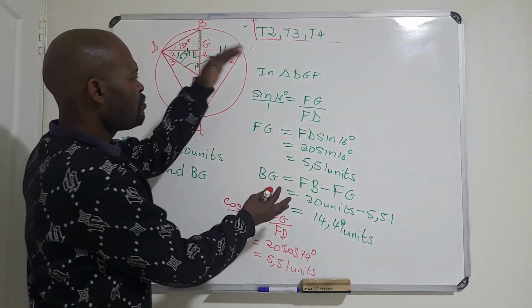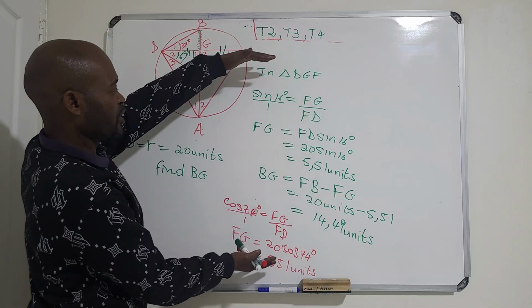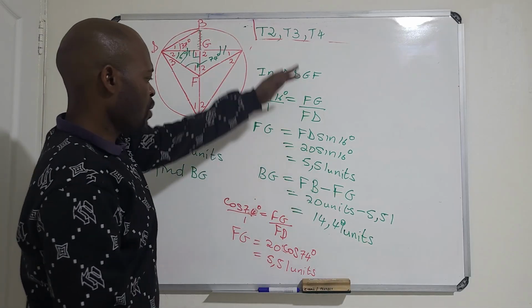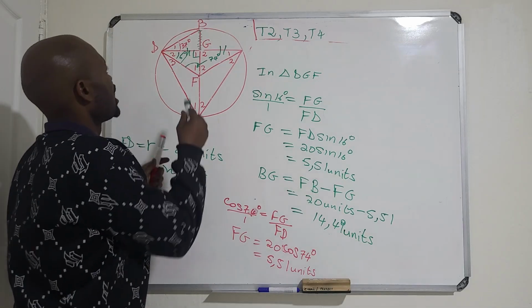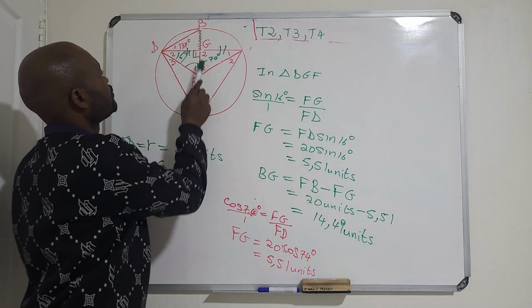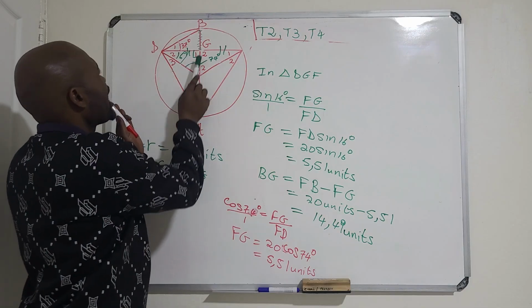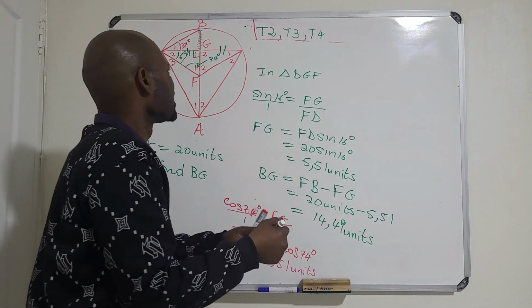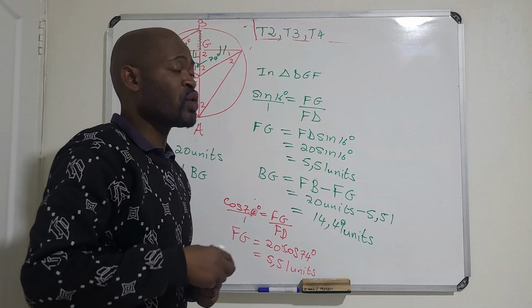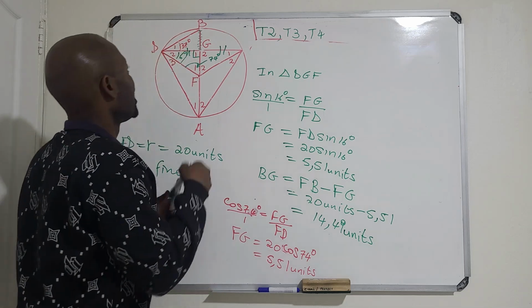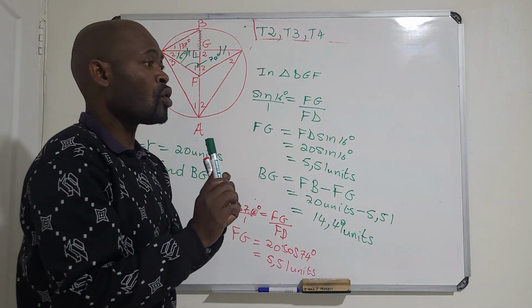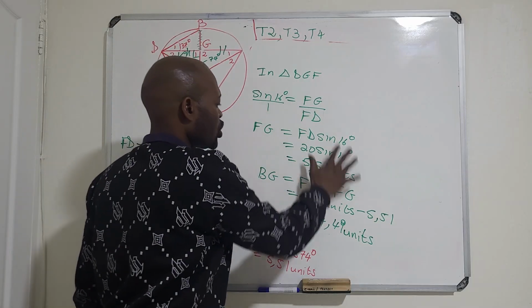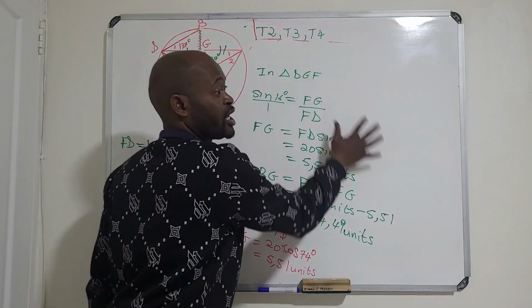Now, there are problems where our trigonometry is not going to work. But here it works perfectly because our triangle DFG is a right-angled triangle. I'm going to show you an example next time where, in a right-angled triangle also, we cannot use what we have used here.